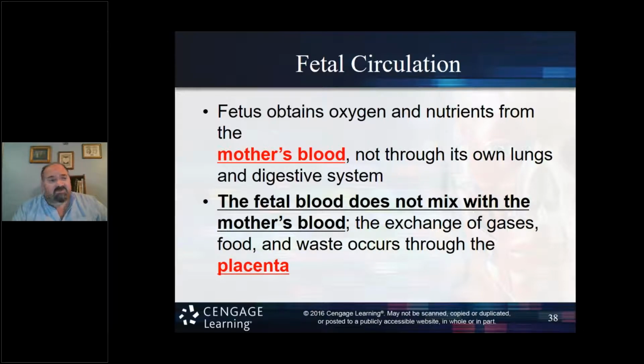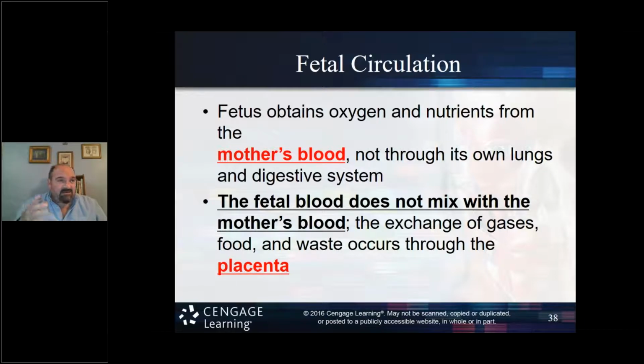Let's see here, and this is important also to know, right? We talked about this a little bit when we were looking at the blood. We mentioned erythroblastosis fetalis, and what can happen if mom is Rh negative and the baby is Rh positive. Really, the first pregnancy is not a problem.